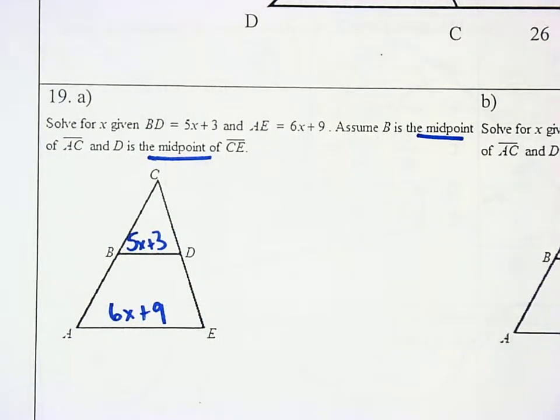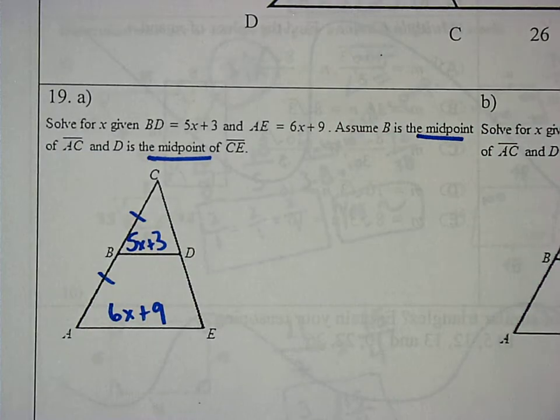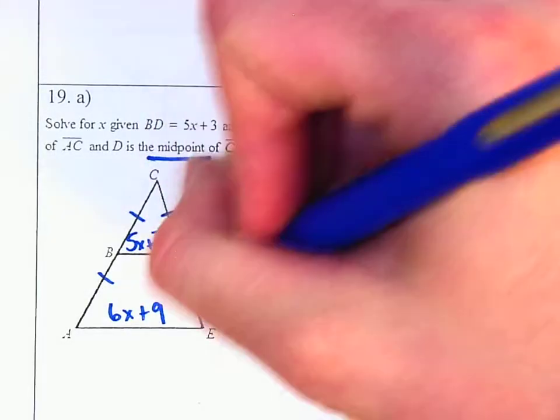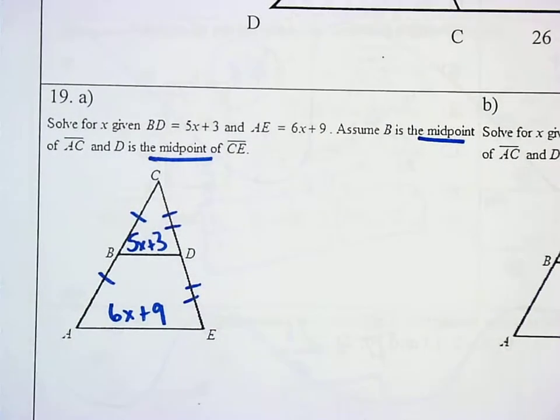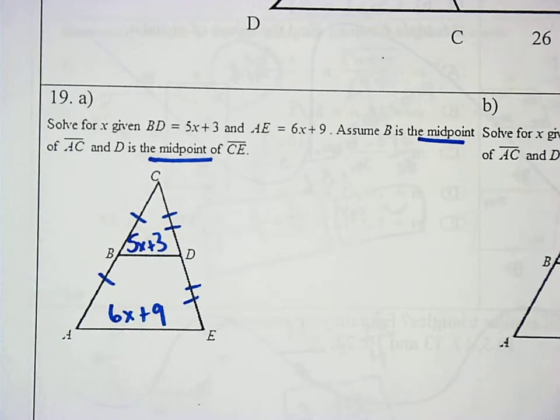Again, they tell us that B is the midpoint of AC, and D is the midpoint of CE. That means that BD is a mid-segment, and we know two things about mid-segments of triangles.